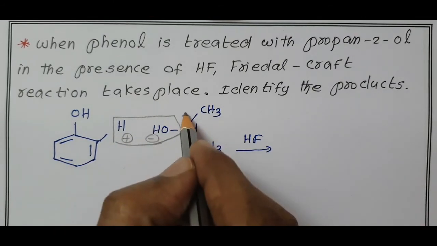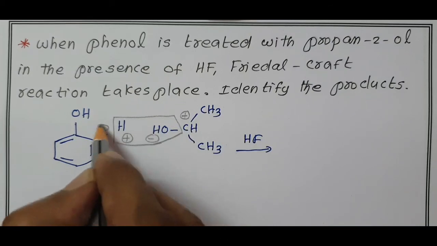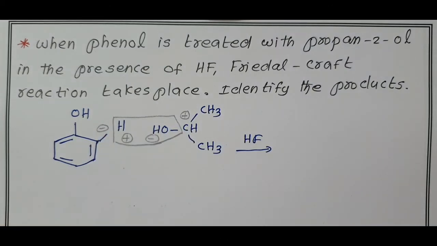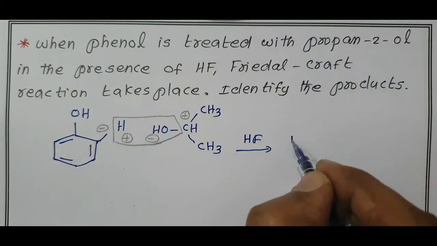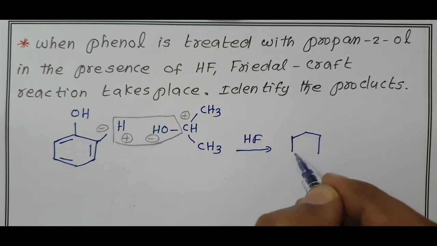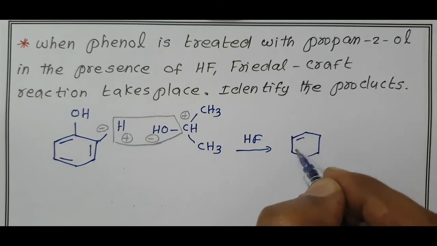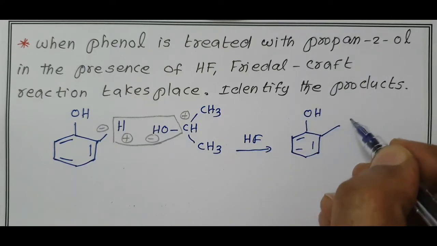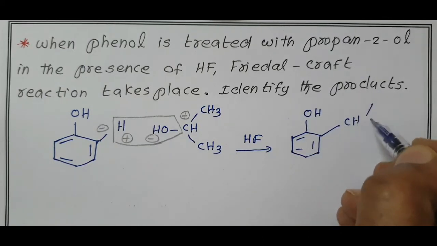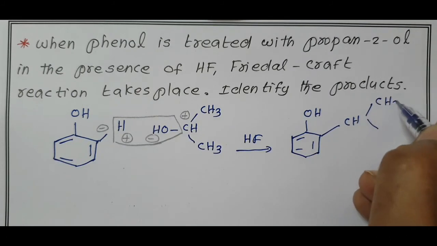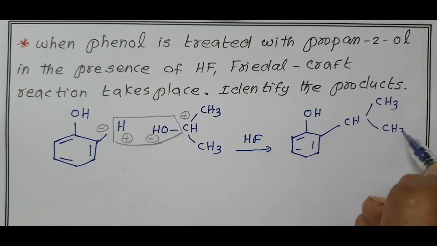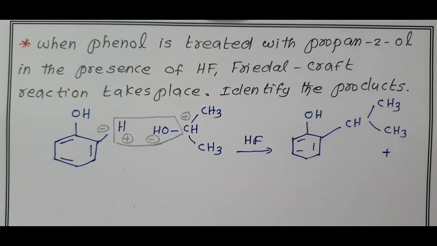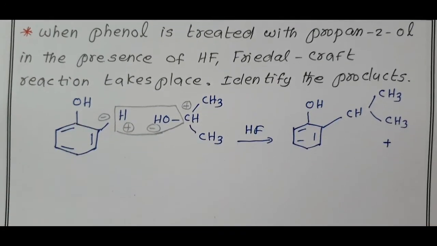Now this isopropyl plus is added to the ortho carbon, gives the first product, C6H4, phenol OH. In the ortho carbon we have one isopropyl, CH3, plus one more para product is also formed.